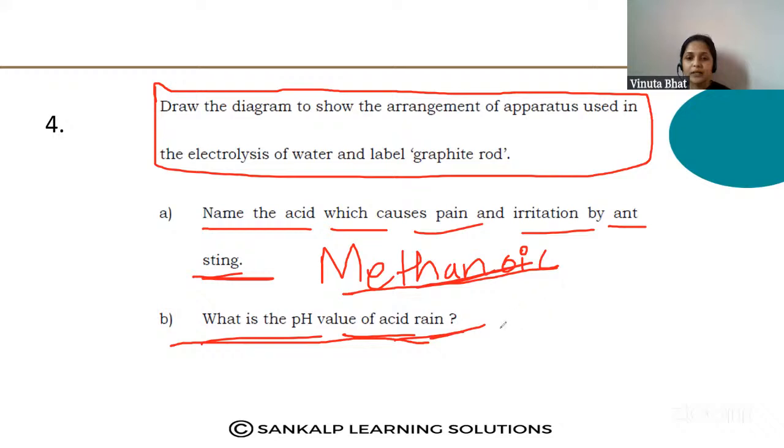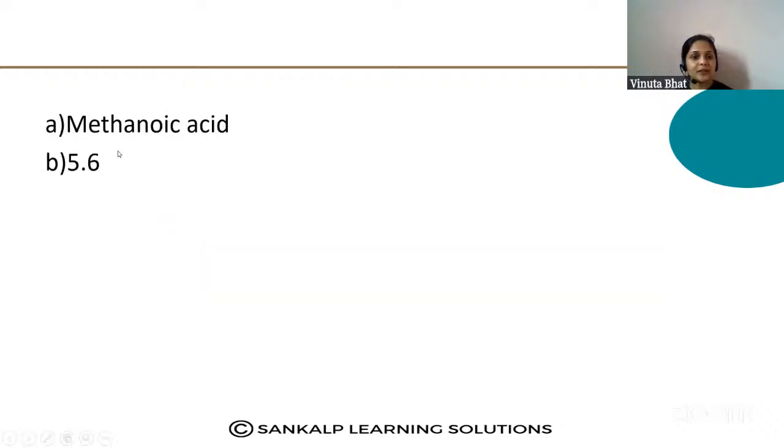The pH value of the acid rain is less than 5.6. When the water pH is less than 5.6, it is called acid rain.